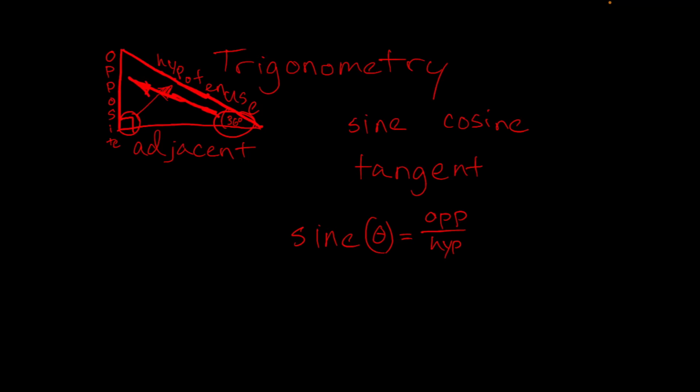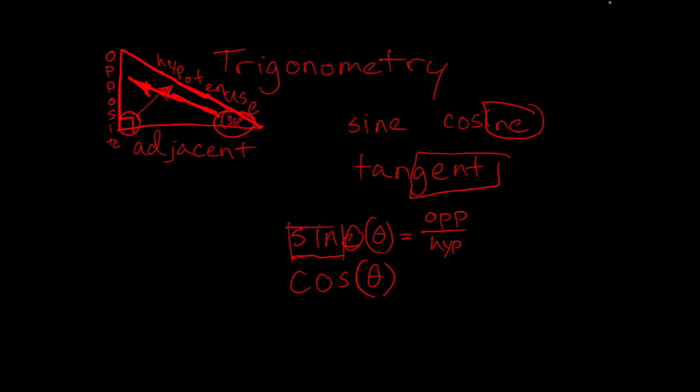Alright, and the cosine, and by the way, you don't have to always write cosine, you can just write cos, and for sine you can just write sin. So you don't have to write the extra letters, and for tangent you don't have to write the whole word, as long as you can remember that you're dealing with whatever function.